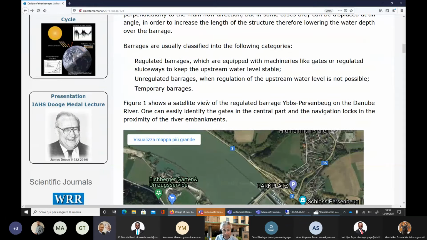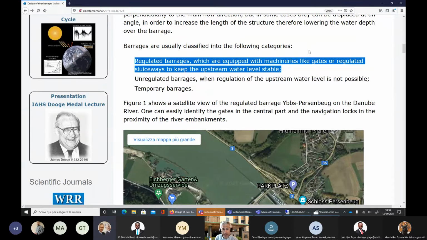Okay, so barrages can be classified into two categories, and we already mentioned it. Regulated barrages, which are equipped with mechanisms, machineries like gates, or regulated sluiceways. What is a sluiceway? It's an aperture through which water flows through the barrage.